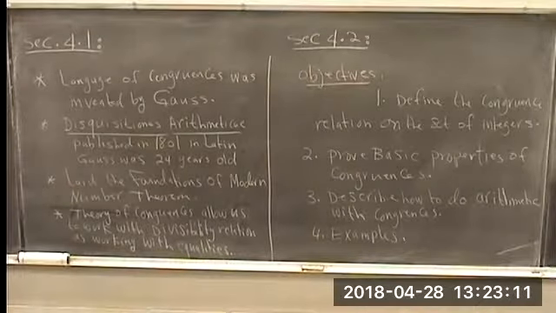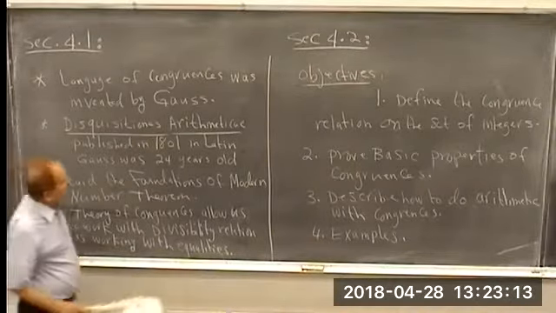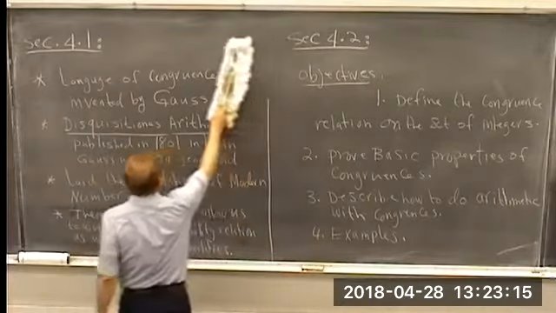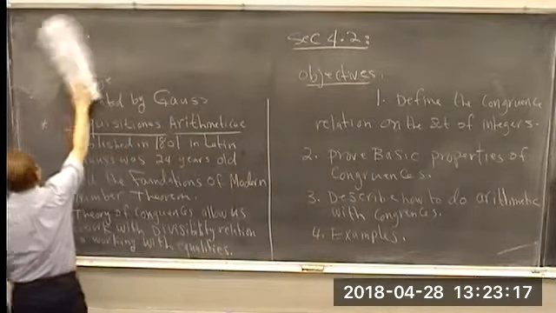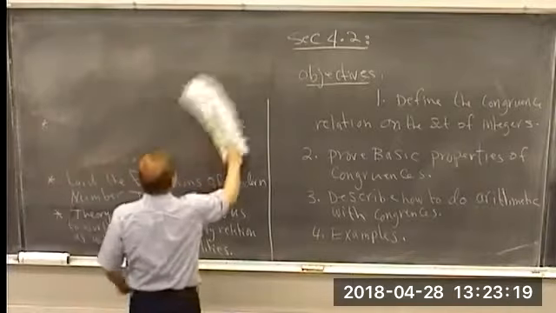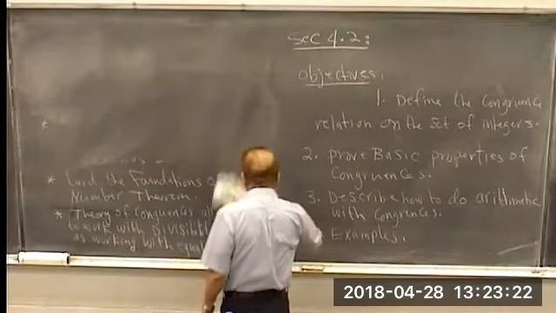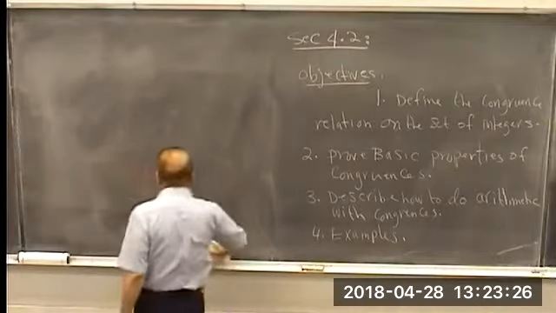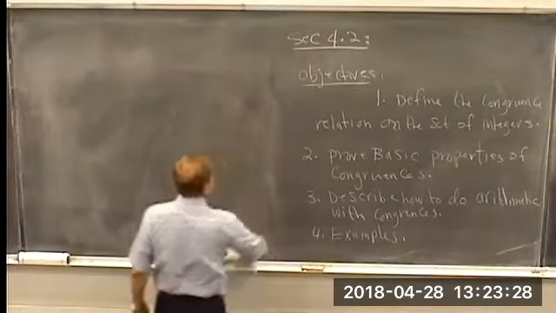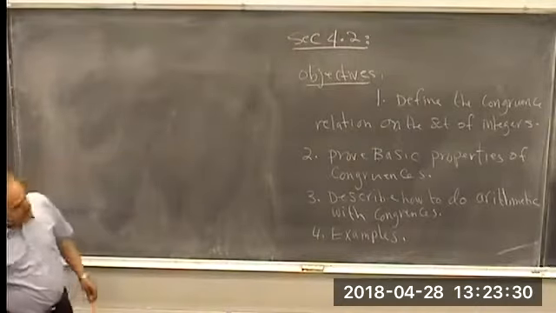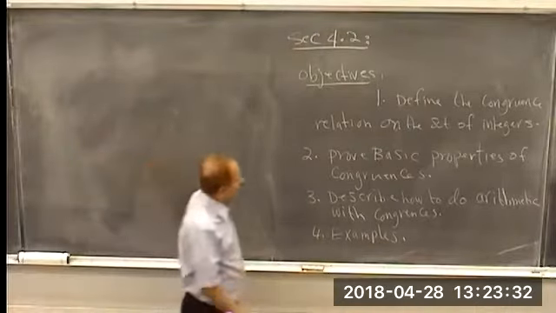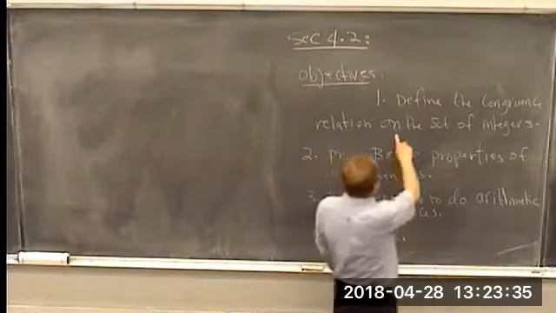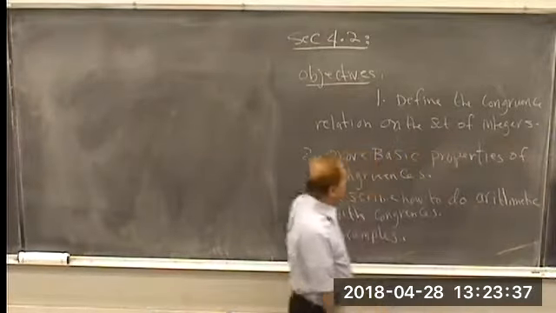All right, so now we move on to section 4.2, and I have listed the main objectives of this section. We're going to get started by defining this congruence relation, which is actually a binary relation defined on the set of integers.